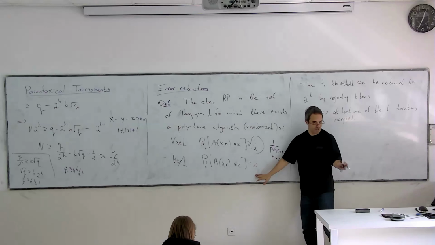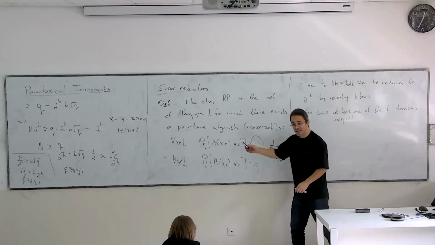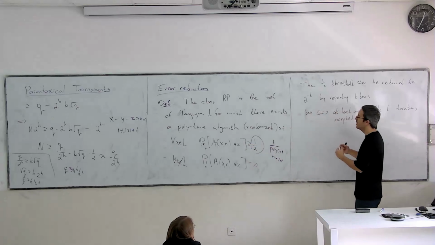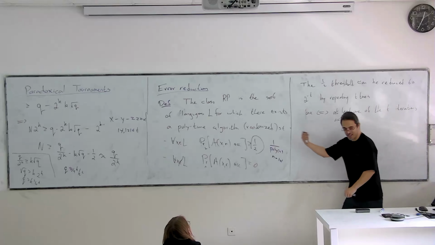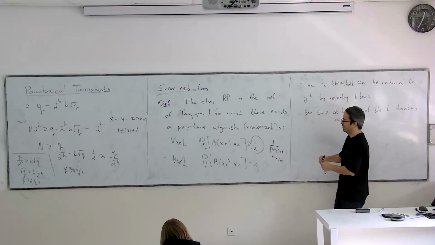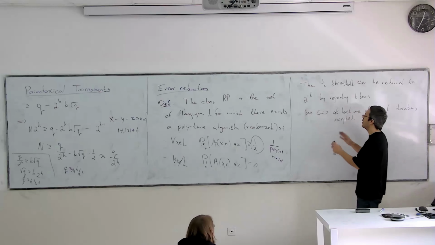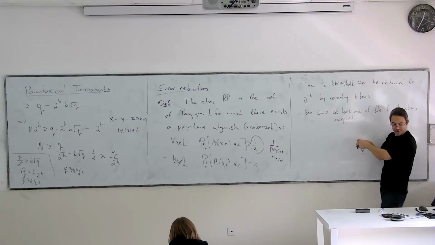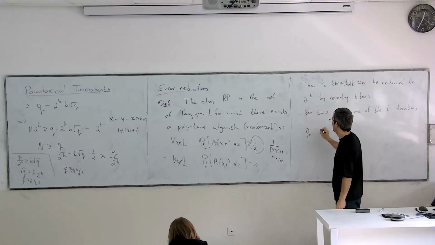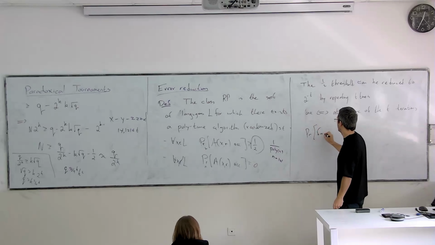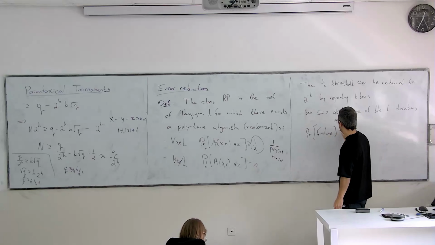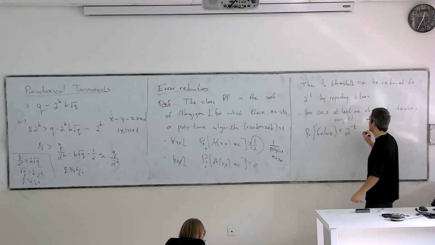Whoever accepts, it's fine. If x is in the language, then each of them will fail with probability at most 1/2. Then, because of the independence, the probability that all of them will fail is 2 to the minus t, and that's the only reason you will fail. The probability of failure is 2 to the minus t.